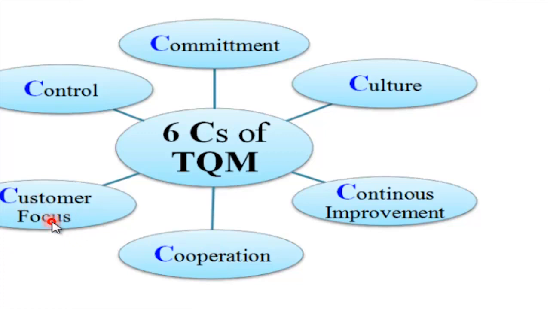Customer focus: you have to focus on the customer's requirement, specification, what they like and dislike. Controls: there can be many controls over the production and also the handling and administration. So, this is total quality management, TQM 6 C's. Sometimes if they ask in the question paper, you have to remember these things, right?